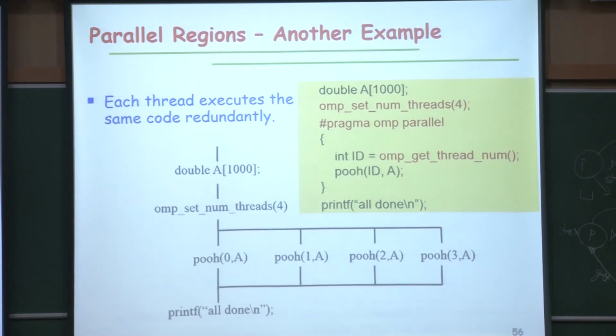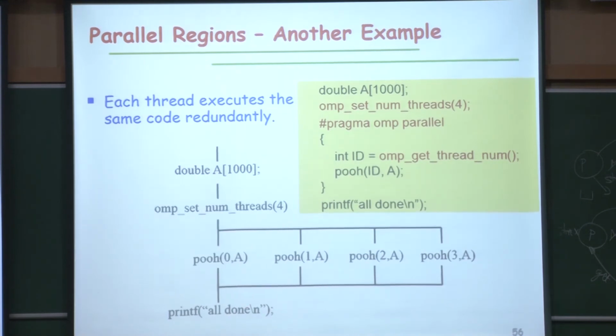So, there is an implicit barrier at the end of this statement. Supposing the function poo modifies the variable a, the changes made by all of these threads will definitely be visible here, because you have a barrier synchronization here. All of them would have done their writes, and all of those writes will definitely be visible.